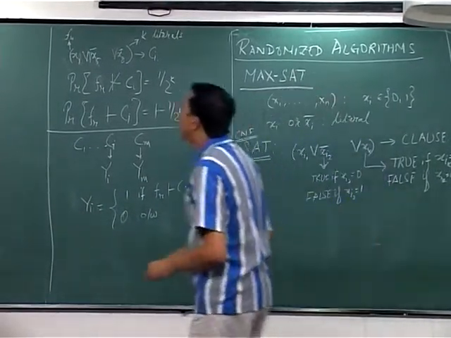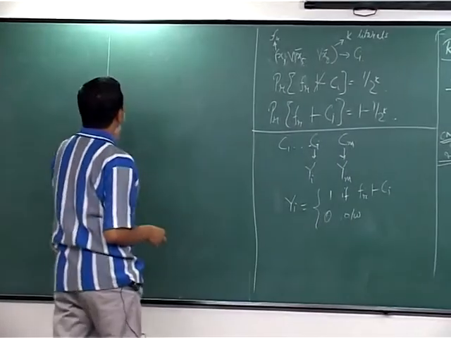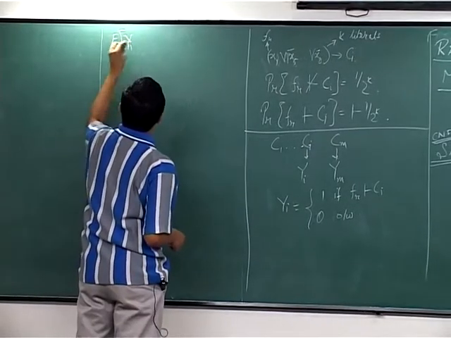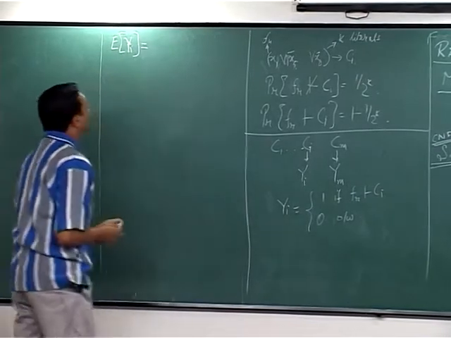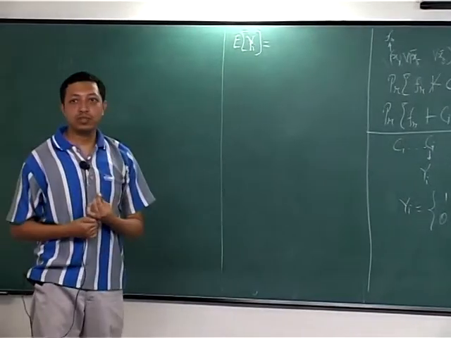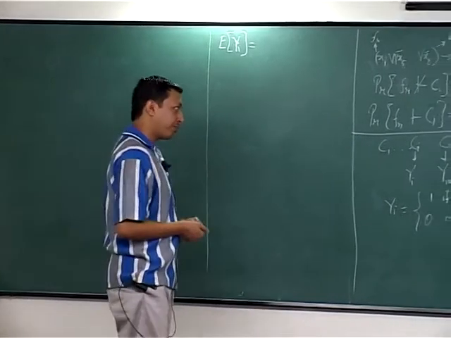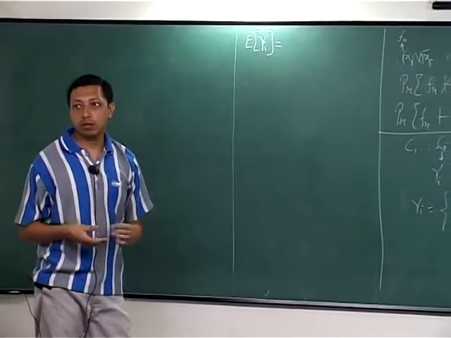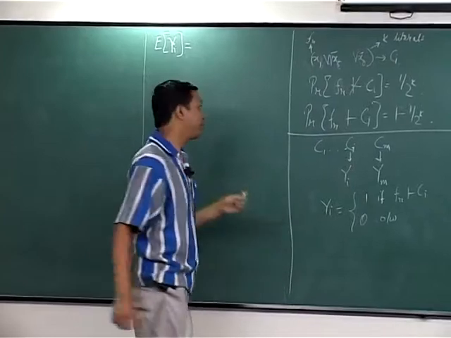Right? So what is the expected value of yi now? Tell me that. Exactly. It's only the probability that it's 1, right?